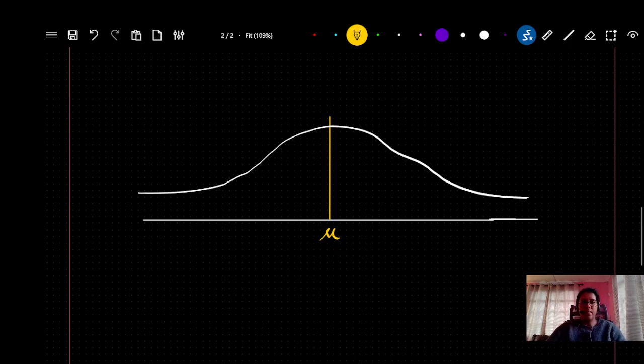Now, very often you will see that whenever we calculate our standard deviation, we always say one standard deviation to the right or one standard deviation to the left. So here we're going to draw our first standard deviation. And what does this mean? I'm going to tell you.